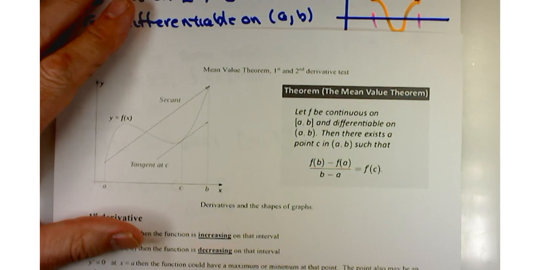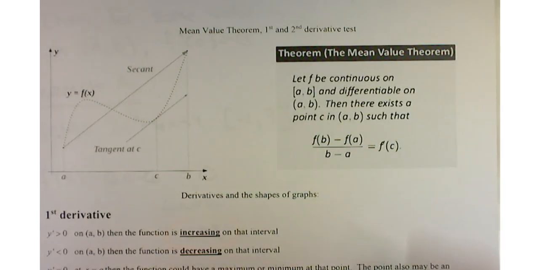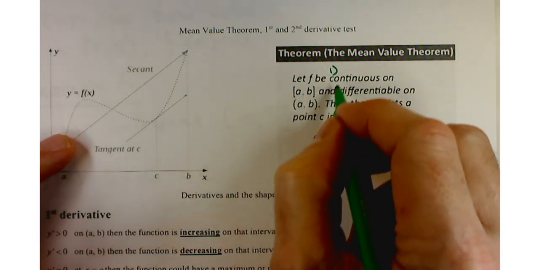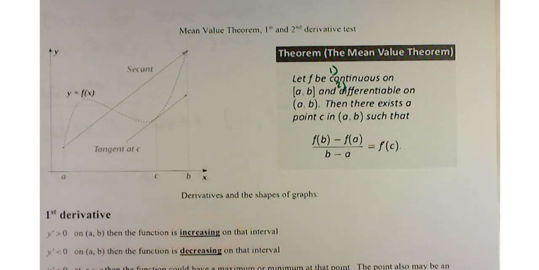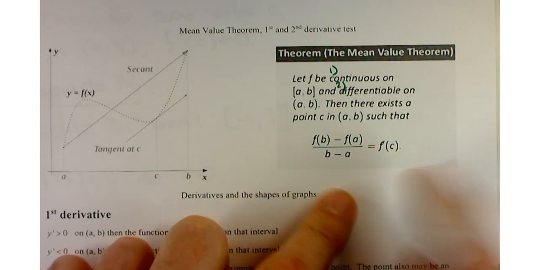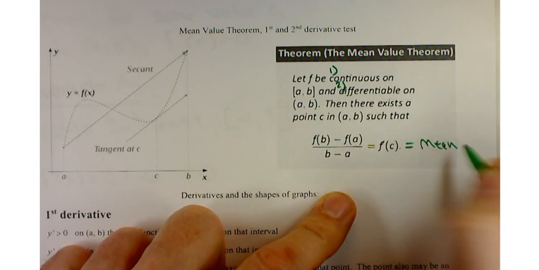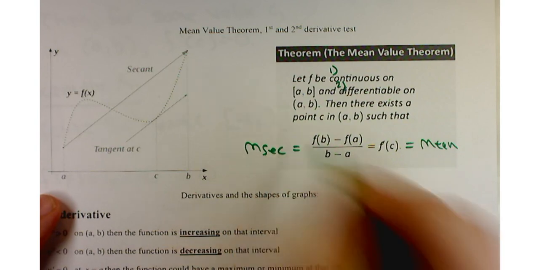So here are the requirements for the mean value theorem. We need a continuous, differentiable function on a, b. And if that's the case, then at some point, the slope of the tangent line is going to equal the slope of the secant line.